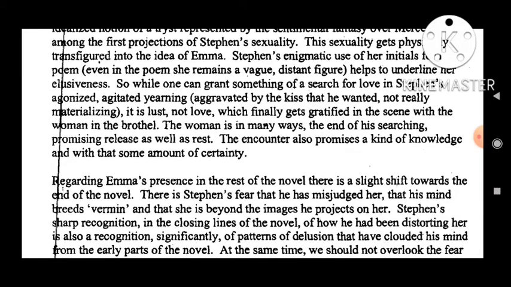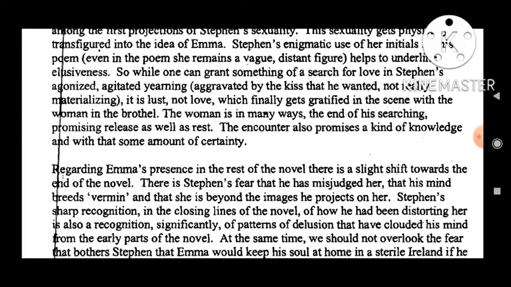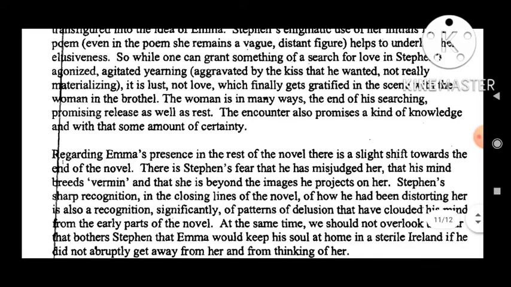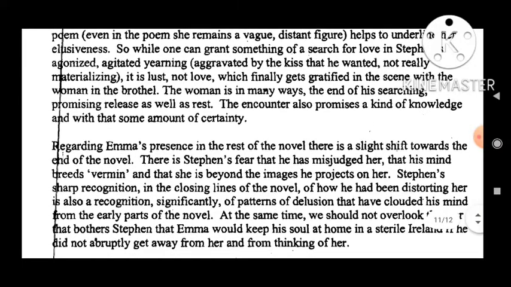Stephen's enigmatic use of her initials for his poem, even in the poem she remains a vague, distant figure, helps to underline her elusiveness. So while one can grant something of a search for love in Stephen's agonized, agitated yearning, aggravated by the kiss that he wanted not really materializing, it is lust, not love, which finally gets gratified in the scenes with the woman in the brothel.